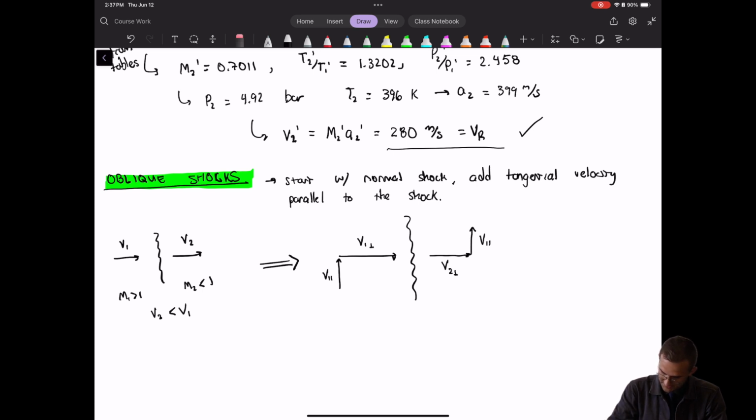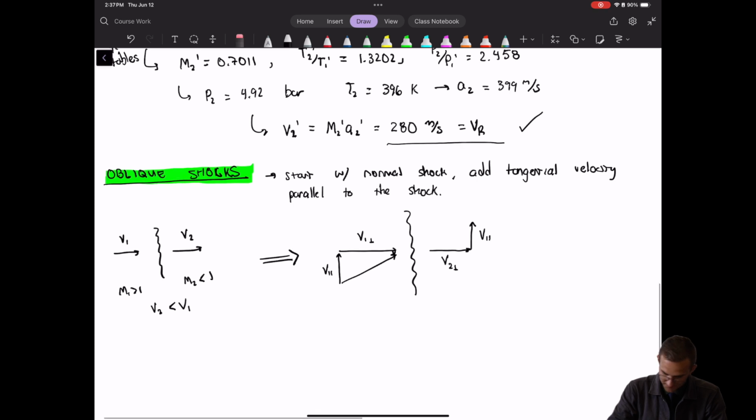And the overall velocity you can draw like this. We'd say that this overall velocity is V1, and the overall velocity on the other side is V2.